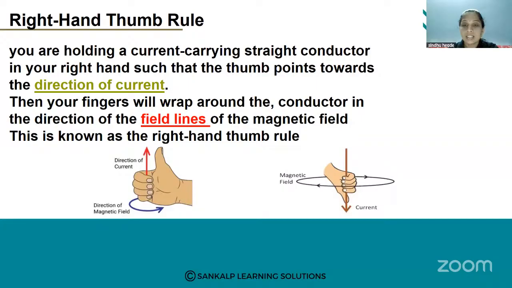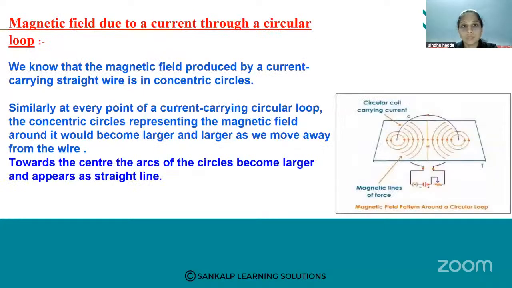Next, one more important concept is magnetic field due to a current through a circular loop. This was also completed in our last session. A circular loop is nothing but a conductor in circular shape. When this circular loop is connected in a circuit and current starts flowing, a magnetic field is generated.